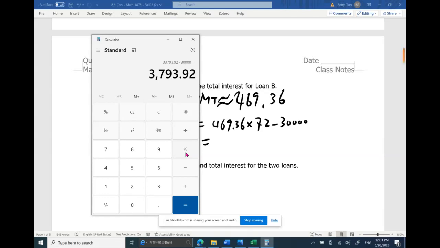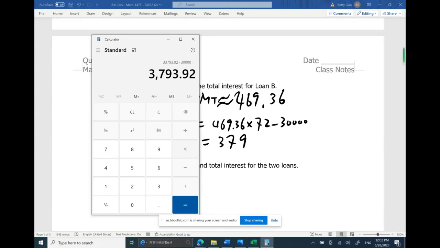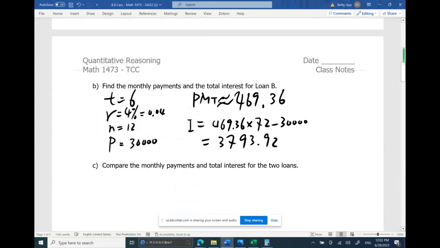Double check: yes, that is a lot more than earlier, right? 3,793.92. Now let me quickly double check on my handheld calculator, just to make sure I didn't enter anything wrong. 469.36 times 72 minus 30,000. Yep, that's correct.